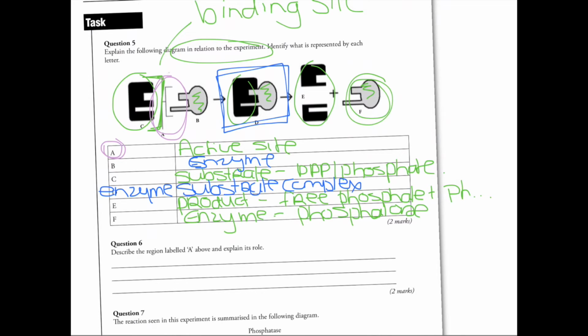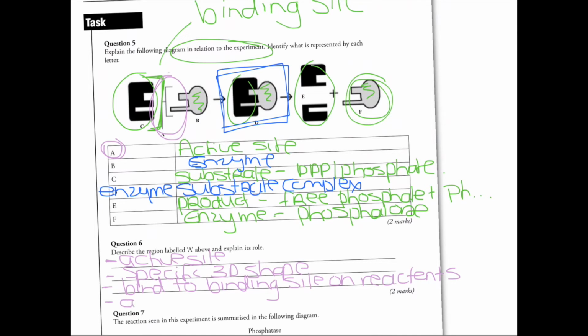So the things that I would include, obviously what it's called, so it's an active site, specific 3D shape, and it can bind to binding site on reactants.